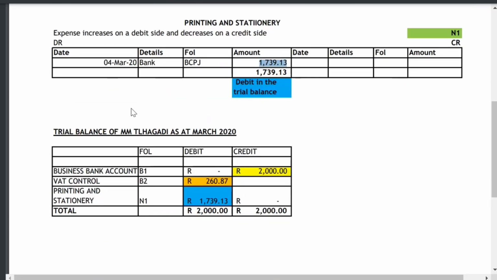When you take it to your trial balance, you say the account is printing and stationery, the account number is N1, and the amount is 1739.13. You put this into the debit side of the trial balance.